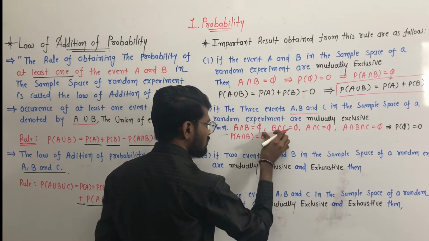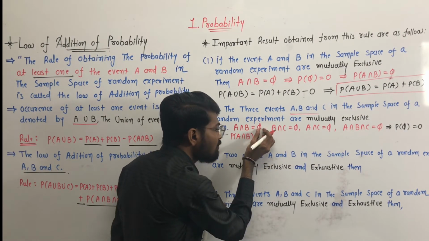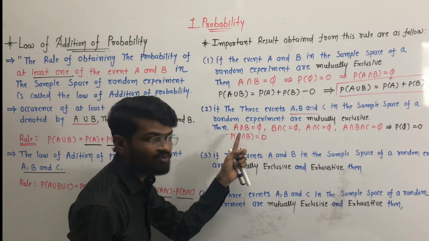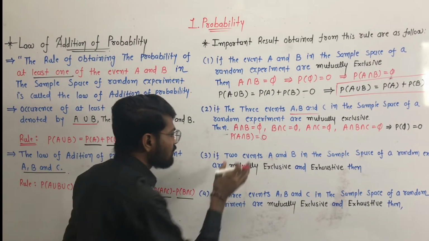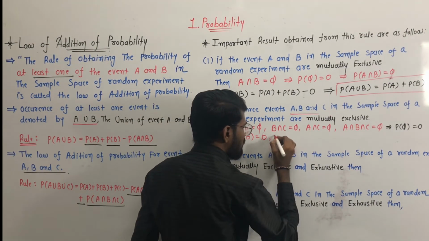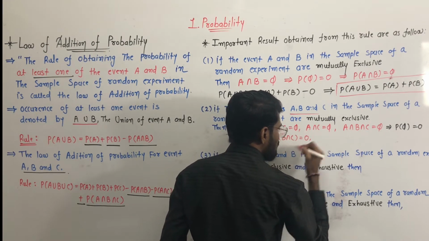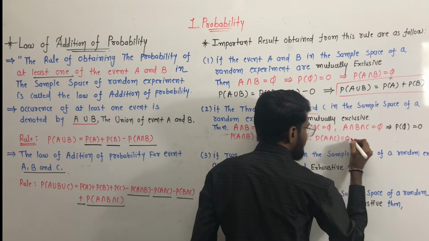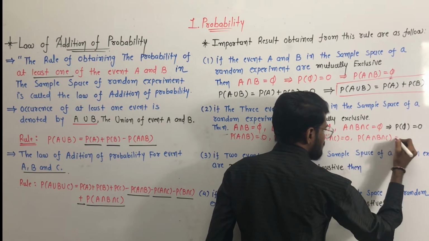If the probability of φ is equal to 0, then the probability of the intersection of events A and B is also 0, the probability of the intersection of B and C is also 0, the probability of the intersection of A and C is also 0, and the probability of the intersection of A, B and C is also equal to 0.